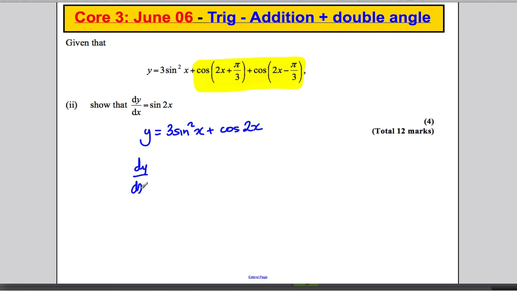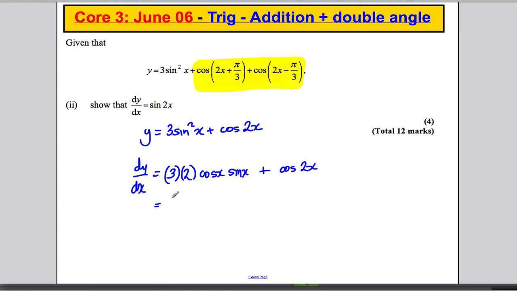Therefore, dy by dx, by the chain rule, you've got your 3, bring down the power of 2, differentiate the sine x to get cos x, and then write the sine x to one less power, to the power of 1, plus cos of 2x.